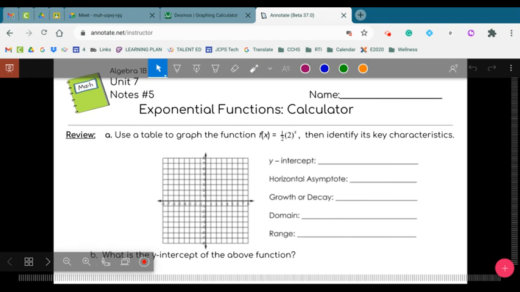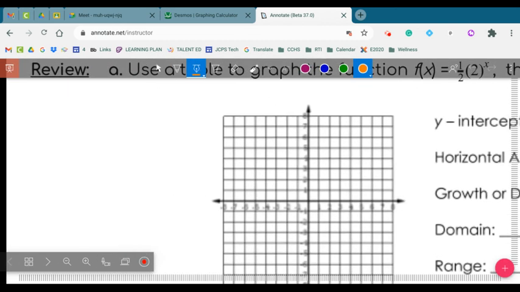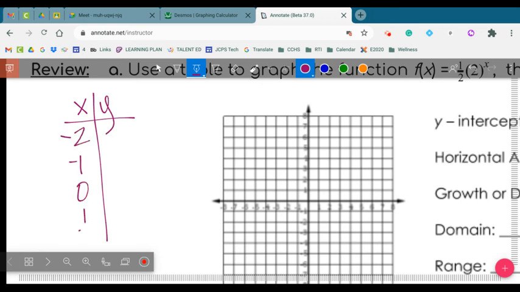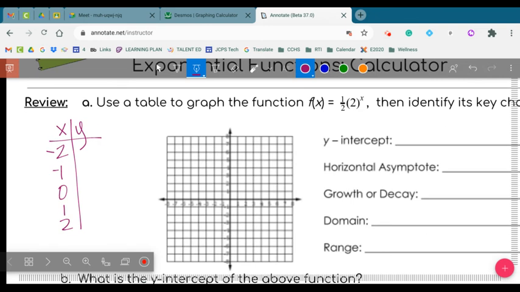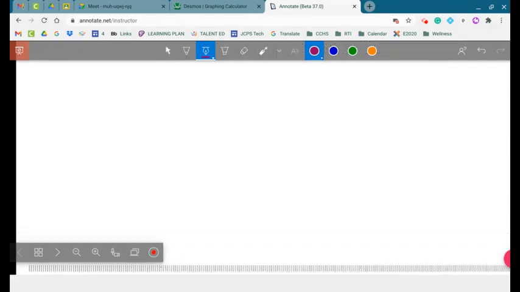It says use a table to graph the function f of x equals 1/2 times 2 to the x and identify its key characteristics. So we have to create our table, and then we want to go and type it into Desmos and graph. I'm going to be using Desmos whenever I do these videos because that is how it's going to be easiest for me.